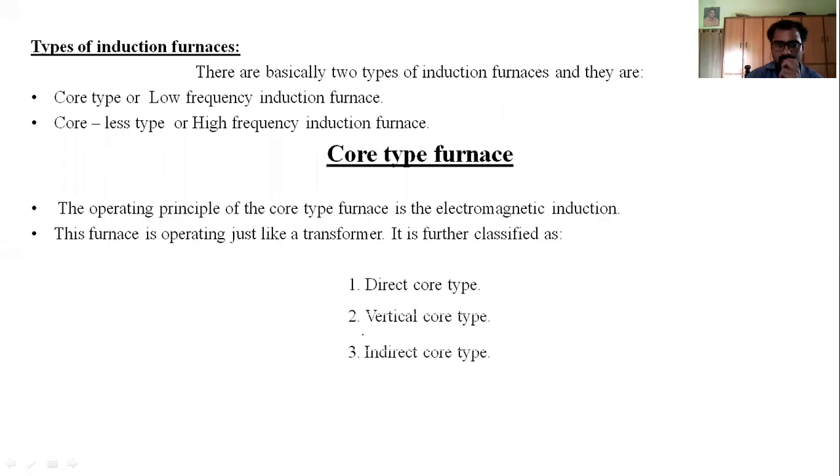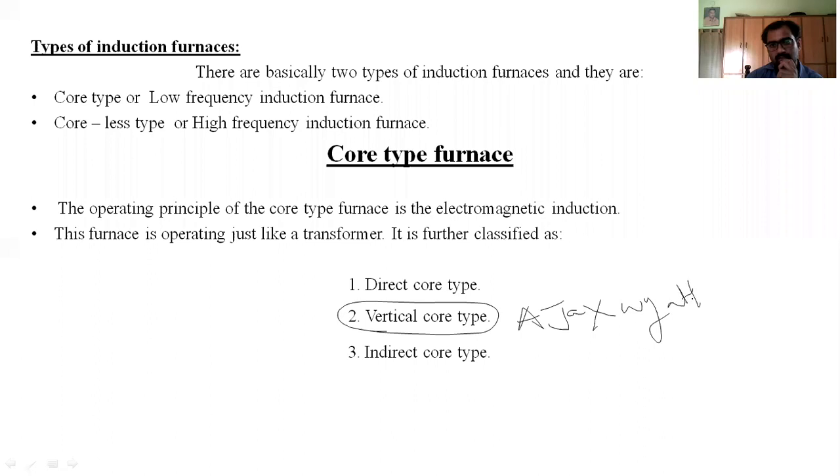This vertical core type of induction furnace is also known as the Ajax Wyatt type furnace. In the previous classes you have seen this word, in the methods of arc heating, where we saw this furnace.